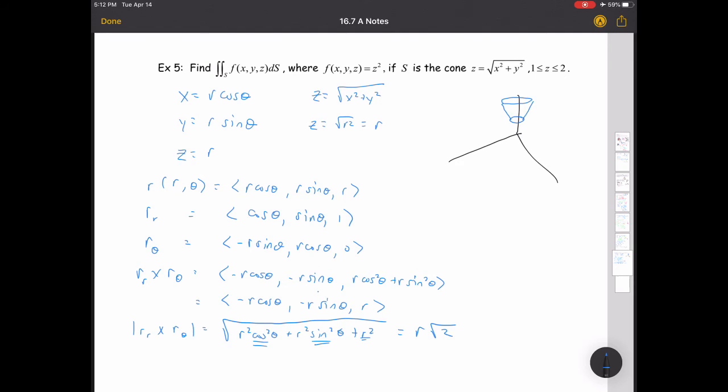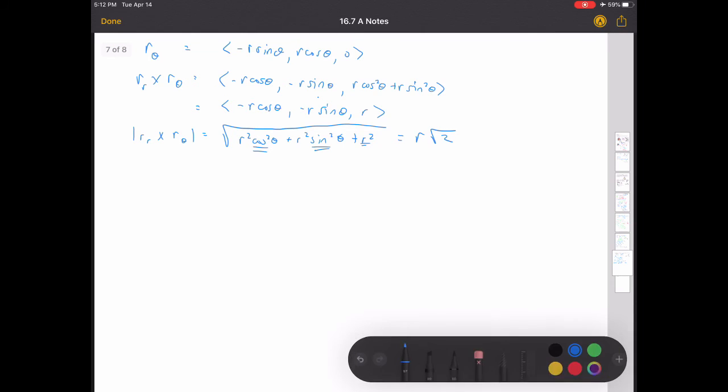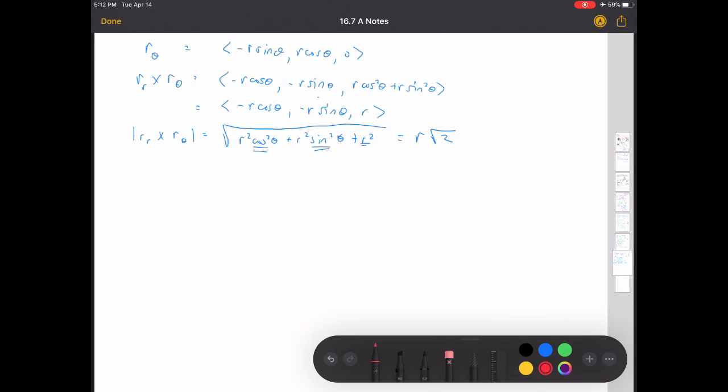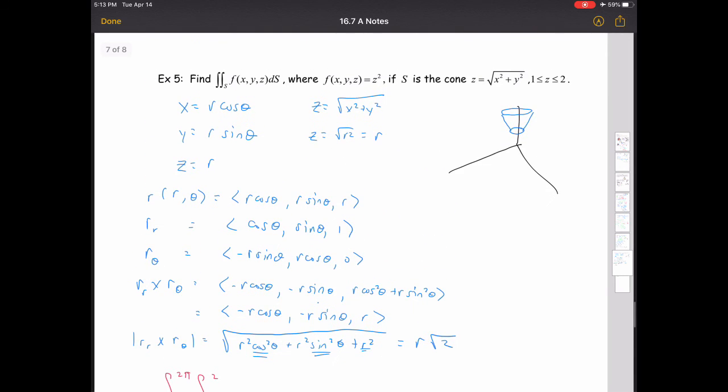Now we're ready to go ahead and set this thing up in the double integral. We've got this in terms of r and theta. So theta we know goes from 0 to 2 pi. R in this case is going to go from 1 to 2 because remember r is z, and it already told us that z goes from 1 to 2.